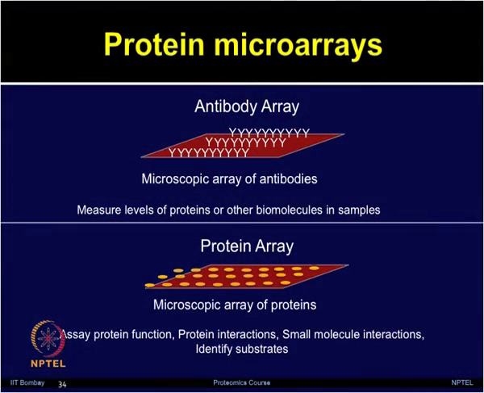Now, in the test protein arrays, the proteins are spotted as opposed to the antibodies, which was the earlier case. This is done by using procedures that preserve the activity of proteins on the array surface.